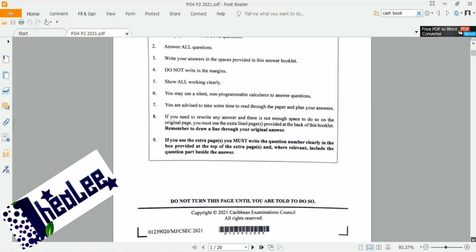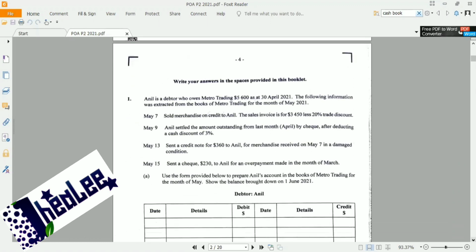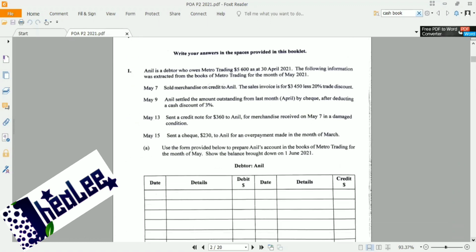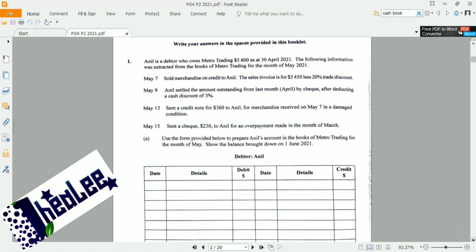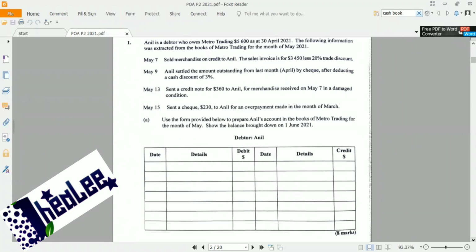So number one, part A, you're presented with some transactions and you're asked to prepare the account for the debtor. Now, this part A of number 1 basically is a double entry for debtor, right?